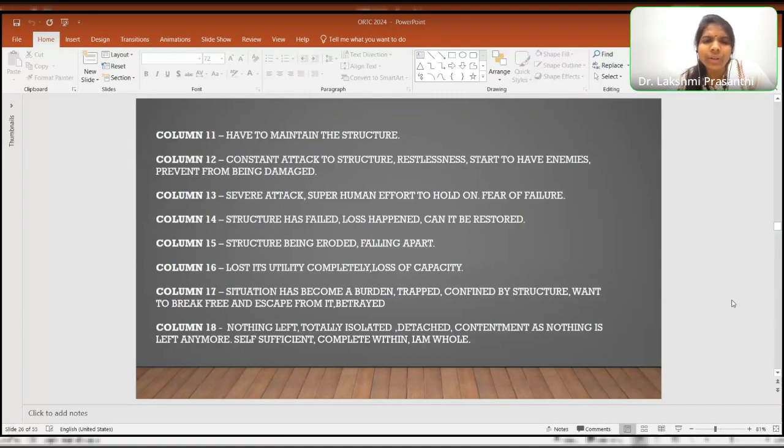For example, the Arsenic which we study has a lot of fears, a lot of anxiety in it. Arsenic belongs to column 15 and row 5. It is that phase where the building is just about to fall. That one brick which you remove, the building will fall.